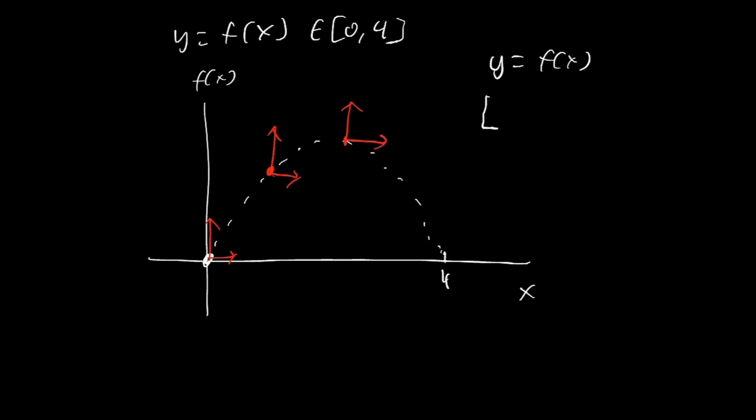Now we're going to rewrite two different equations, y of t equals something and x of t equals something. Each of these represents the vertical and horizontal vectors here. So they're all connected by some parameter t.